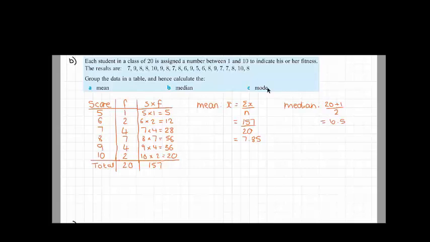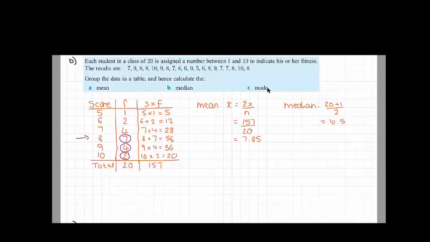So start at the bottom with 10, we're going to be adding 2 plus 4, which is 6, plus 7, which is 13. So 10.5 comes between the 4 and the 7. So the 10.5 is in the 8 score.